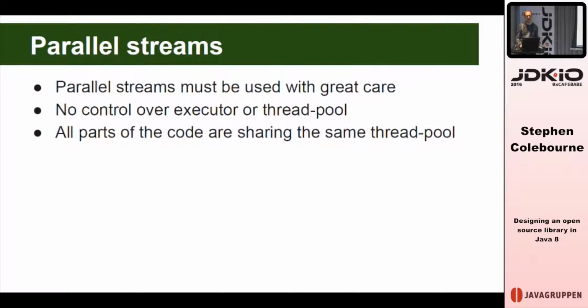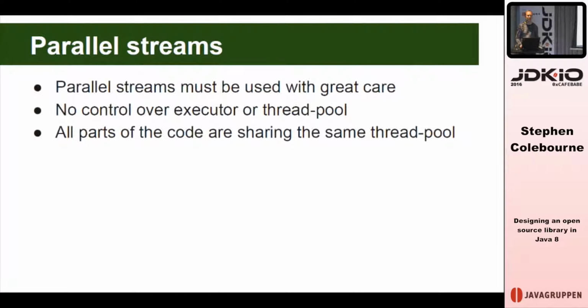I do think you have to use it with great care. The number of use cases where it's actually applicable is quite small. You need to have a use case where it's doing lots of computational stuff just on CPU. It's not intended for calling out to things like file systems or URLs. Why? Because it's only a single thread pool, and if you block that thread pool, you're blocking everywhere in your system that uses parallel stream.